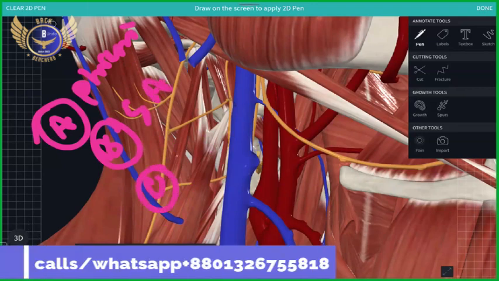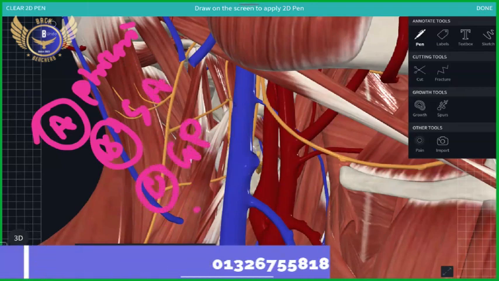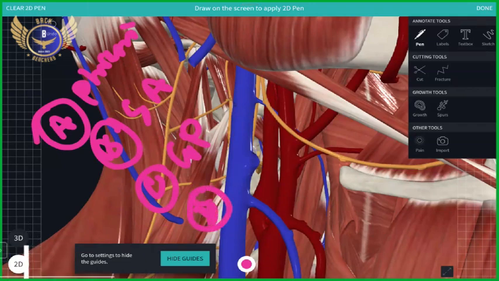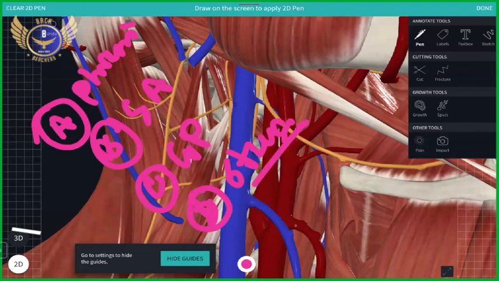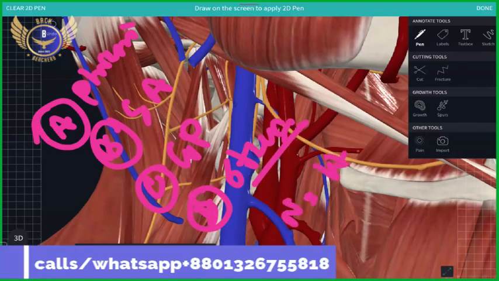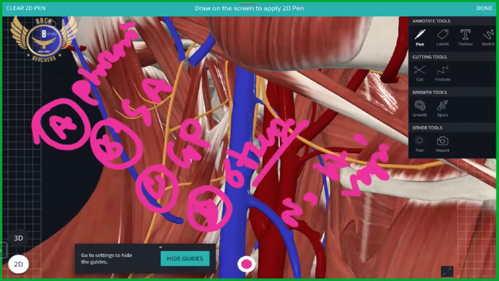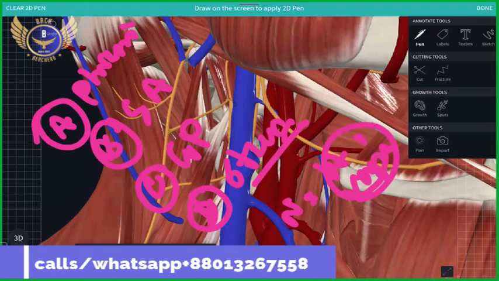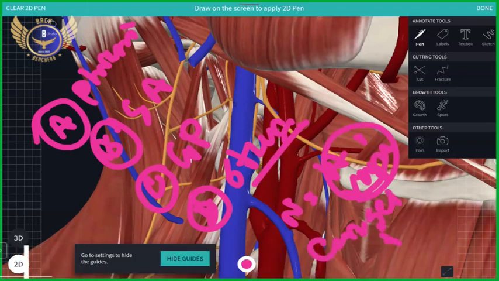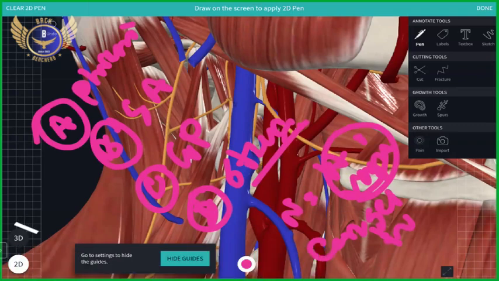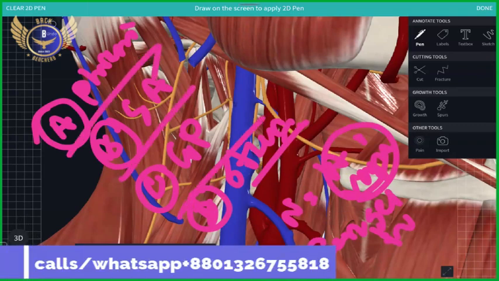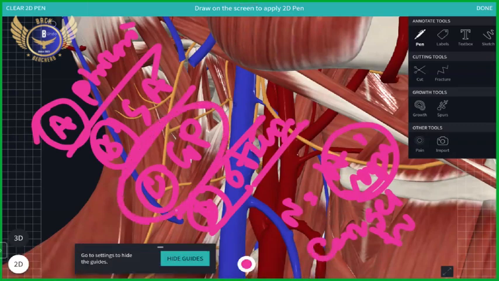Option C, glossopharyngeal nerve. Option D, other. But no hypoglossal in the options, no vagus in the options. The question is, which of the following nerves can get injured during carotid endarterectomy? Among all these, only glossopharyngeal can be injured.